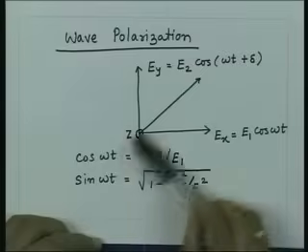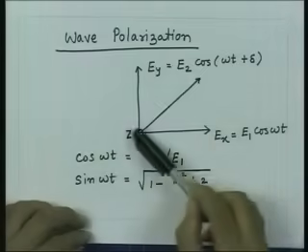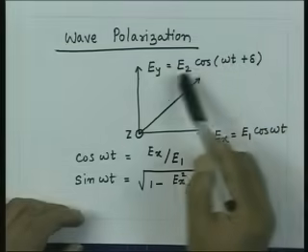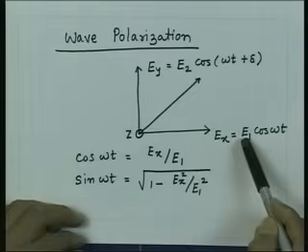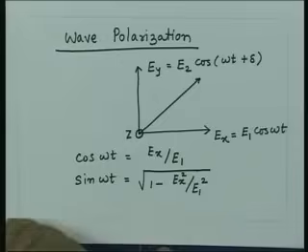That at any instant of time, the total electric field is the vector sum of these two electric fields. So, we can find out any instant of time Ey and Ex, and by vector addition of these two we can find the total electric field at that instant of time.